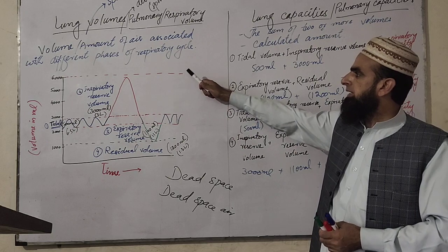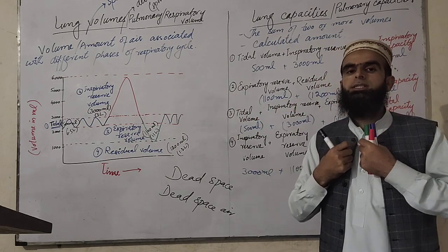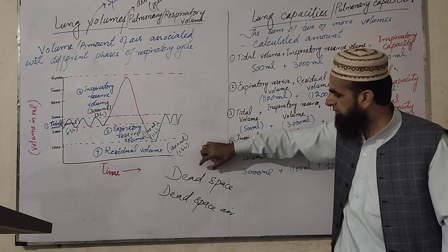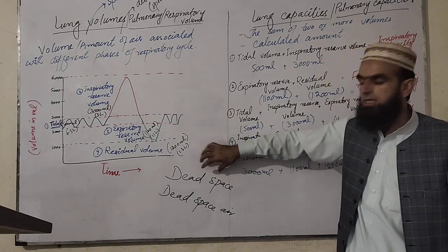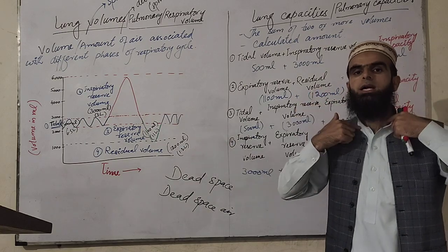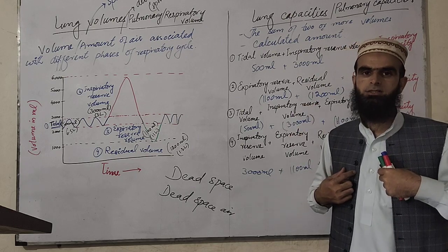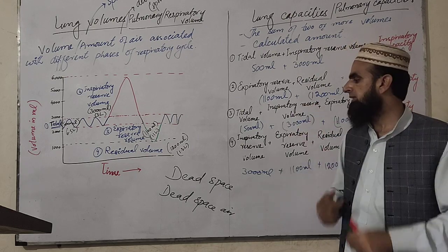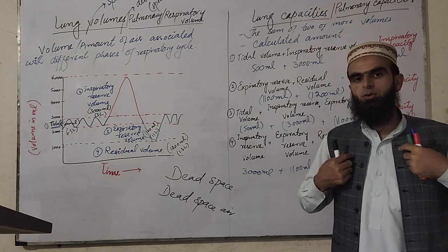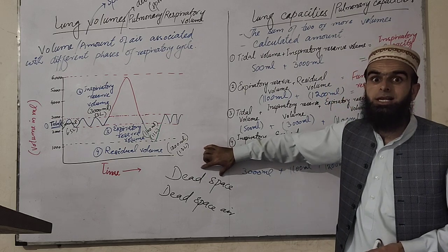So the rest of the respiratory pathways other than your lungs, which contain some amount of air or space, is called dead space. For example, the larynx, trachea, and bronchi. So this is called the dead space.